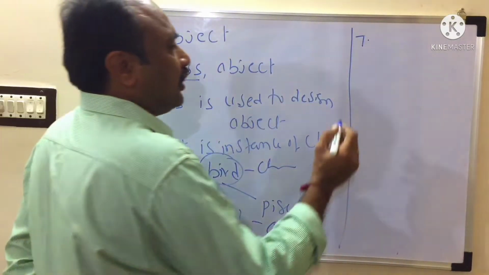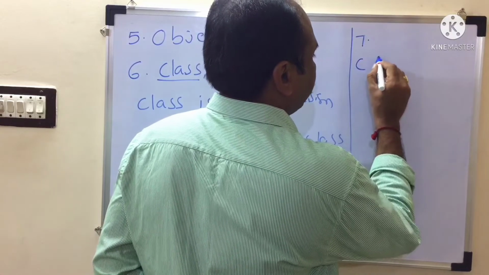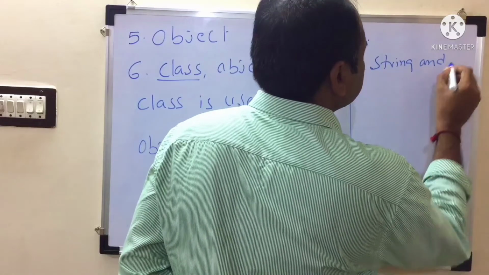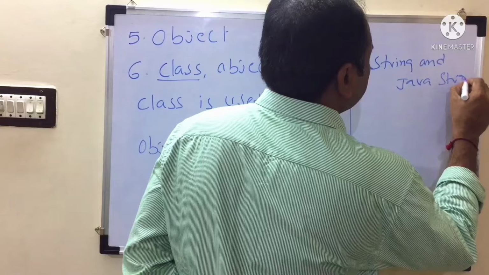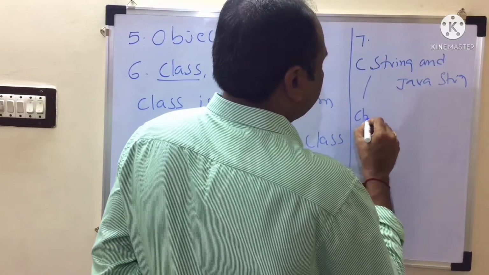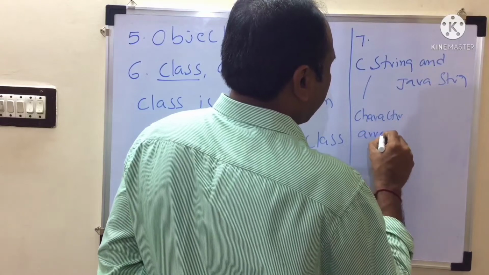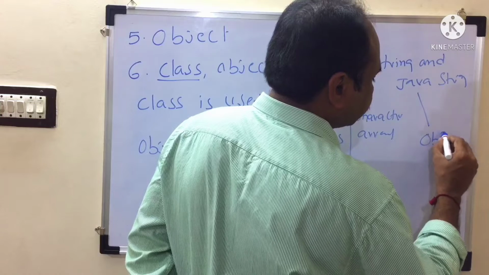What is the difference between C string and Java string? C strings are character arrays. Java strings are objects.